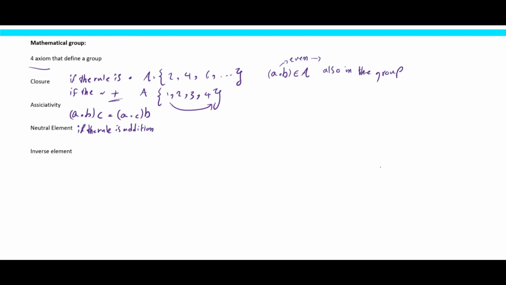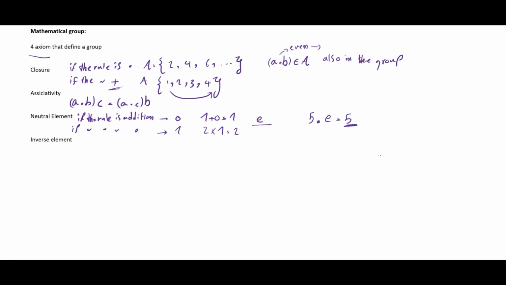For instance, 0 is a good example. 1 plus 0 is already 1. Nothing has changed. And if the rule is multiplication, then 1 is the neutral element. Neutral element, you will always show it by E. So 5 times E should be already 5. Nothing has changed.